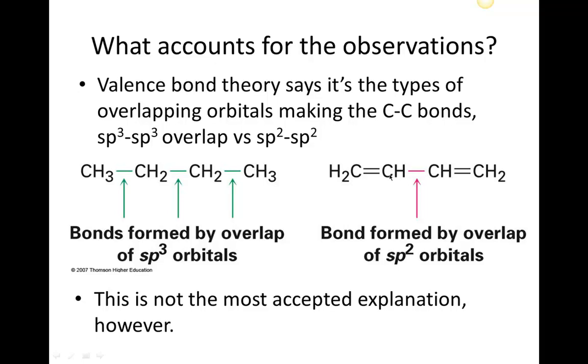But this one, these two carbons are sp2, so this bond right here is made of an sp2 orbital overlapping with an sp2 orbital. And so you could argue that that makes it a different type of bond, and so maybe that's why you get a different energy when you try the hydrogenation. But that's not actually the most accepted explanation for why these guys are different.